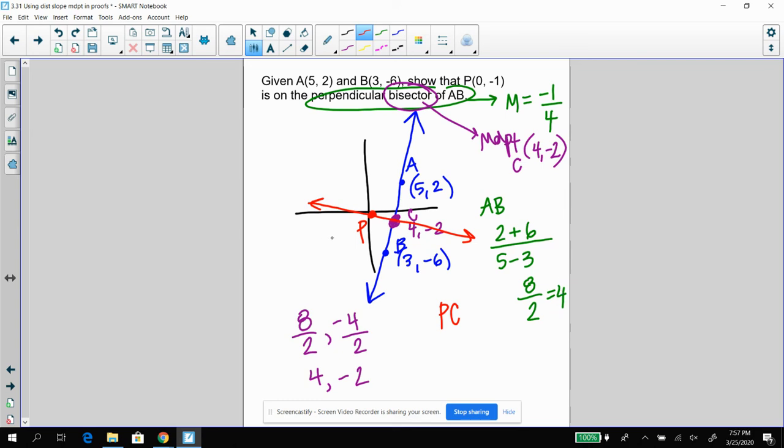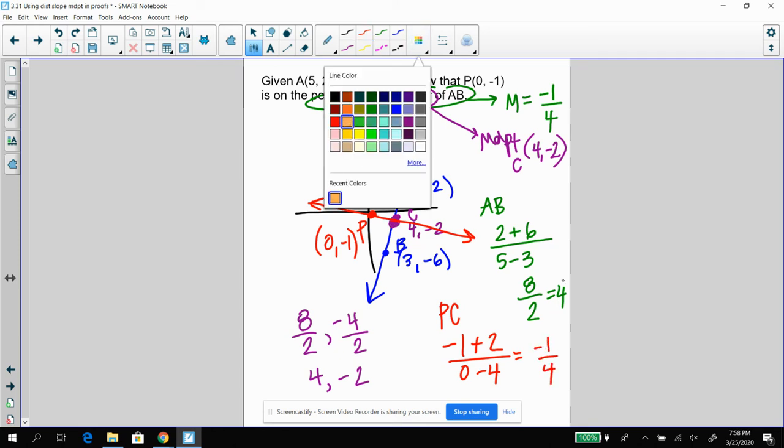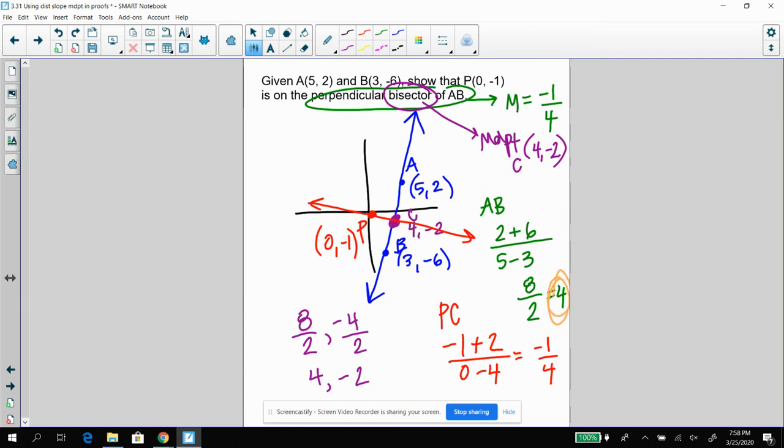So here is (0, -1). So if I did -1 minus -2 over 0 minus 4, lo and behold, look at our slopes. The slope of AB is 4. The slope of PC is -1/4. You have just proven that P is on the perpendicular bisector of AB, and you're done.